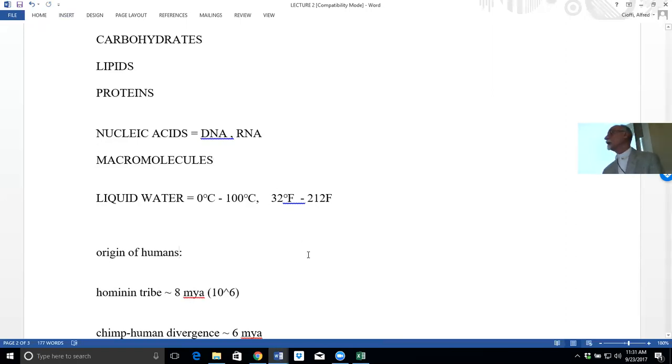32 is very cold, right? Below 32, water freezes. Still water, but it's solid. Not available for metabolism. What happens to animals? They hibernate. They freeze, they slow down. 212 is way too hot. You ever get a vapor burn? Water vapor burn?